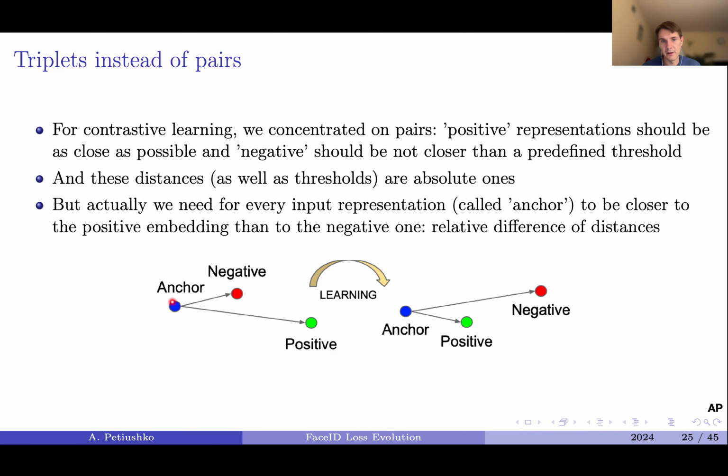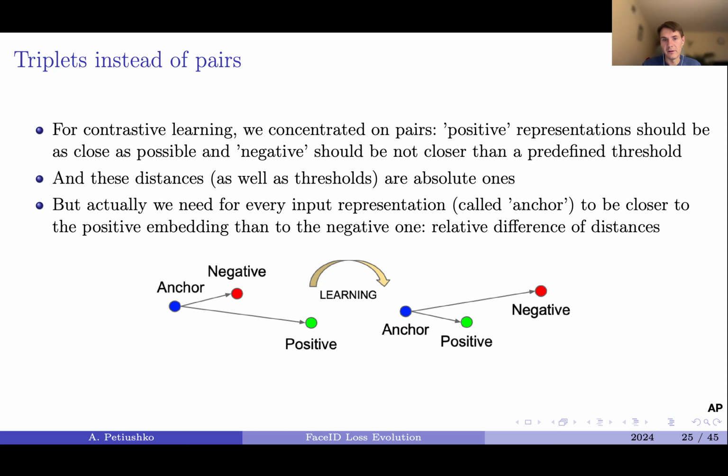So just anchor, we would like for the positive to be closer than the negative. We do not want to have, for example, absolute distances for each anchor. For example, for anchors of different classes, these thresholds can be different.